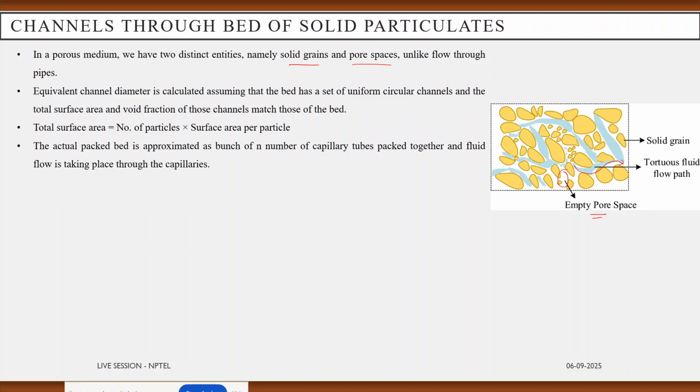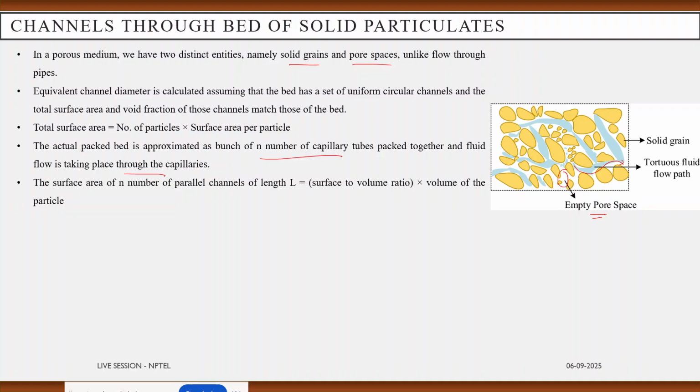So we will apply those concepts here in the equation development. The actual packed bed is approximated as a bunch of n number of capillary tubes packed together, and fluid is flowing through the capillaries.